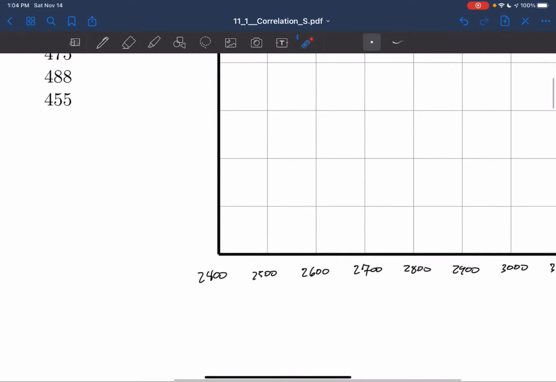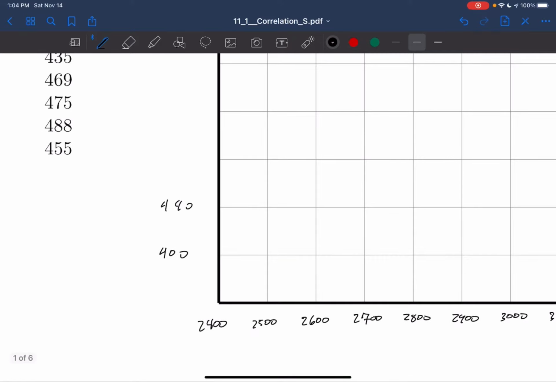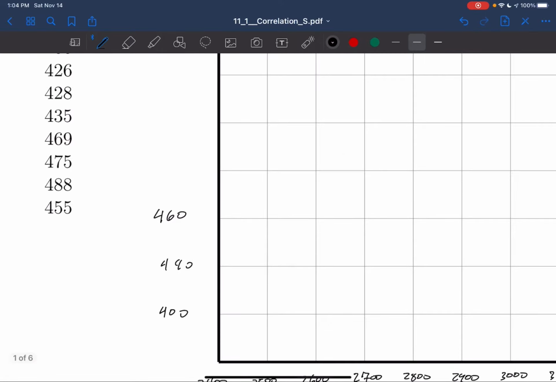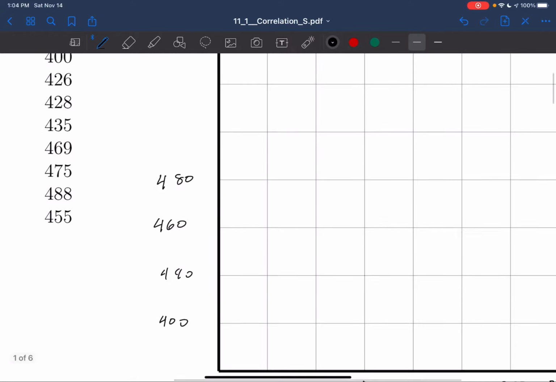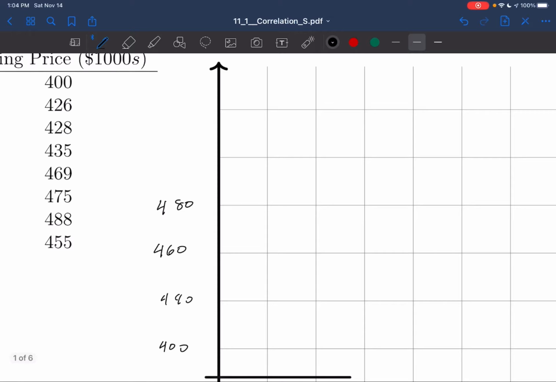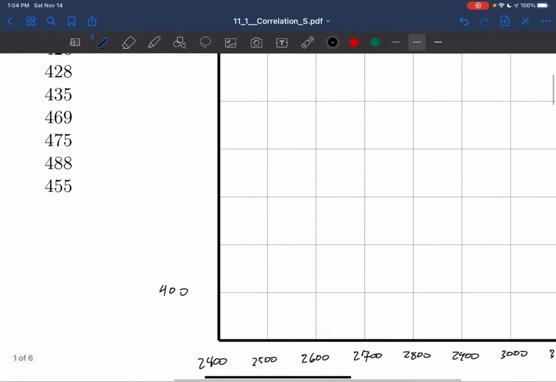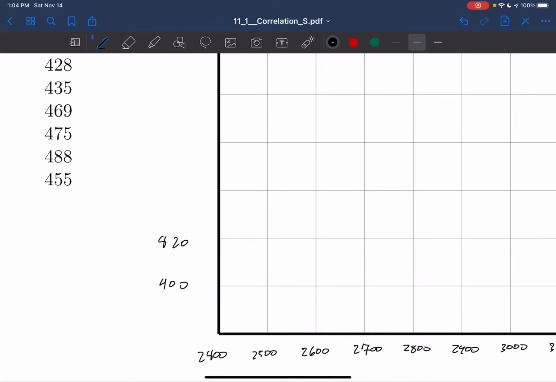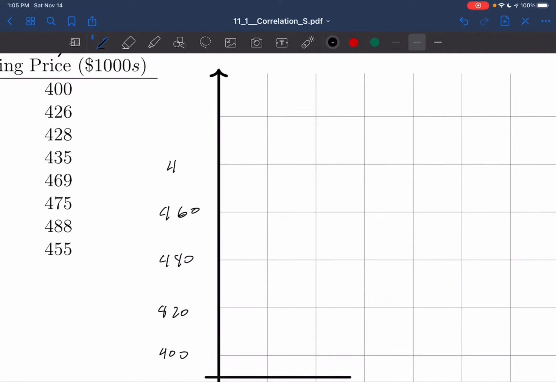For the y-axis, let's go by 20s: 400, then 420, 440, 460, 480, 500.